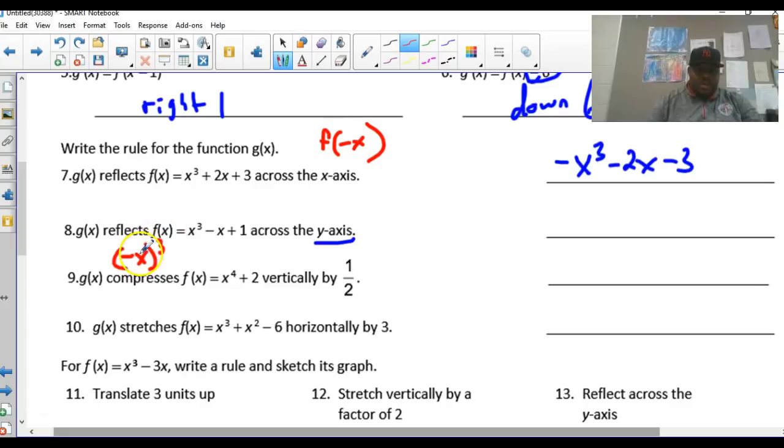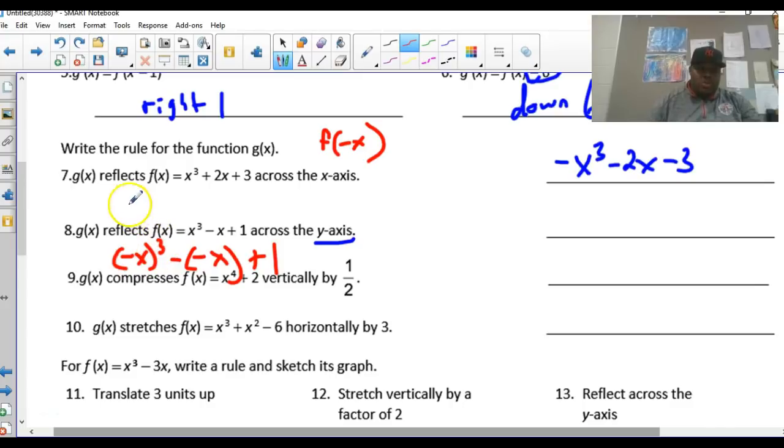See how that's the same now? The negative is applied directly to the x, not like the last one where the negative was outside. So now we have minus negative x. That minus is a part of the problem. This one is reflecting it across the y-axis, and then we have plus 1. So now let's simplify that.